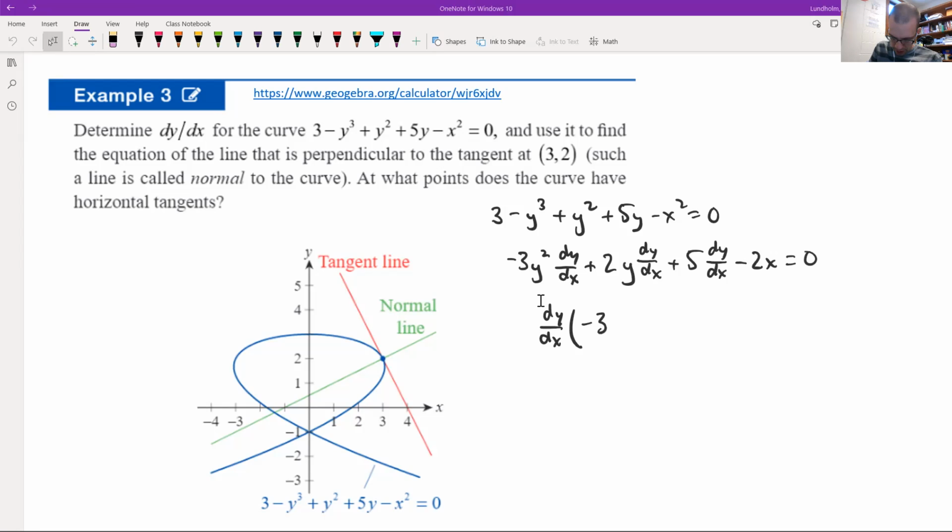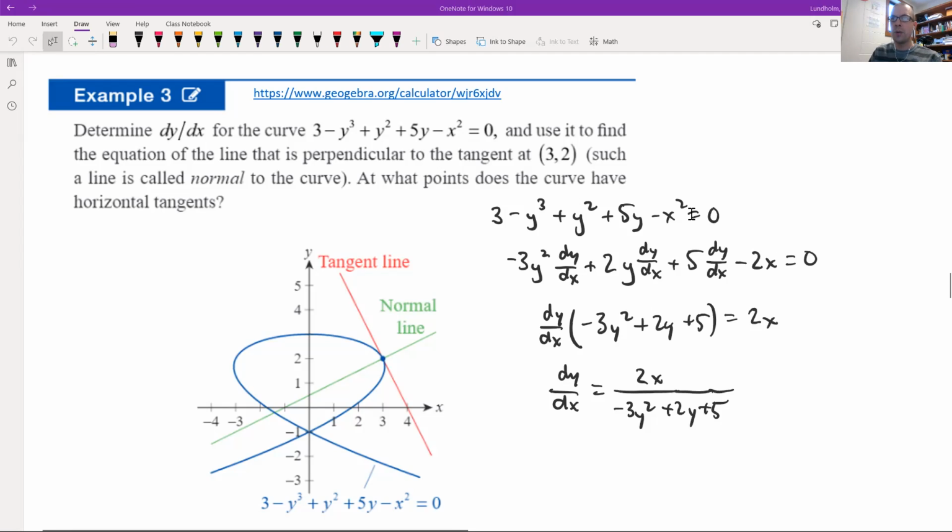So we get minus 3y squared plus 2y plus 5. And I'm going to bring the 2x over to the right-hand side. And now, in order to solve for dy dx, we just divide both sides by that quadratic expression, and we get 2x over minus 3y squared plus 2y plus 5.